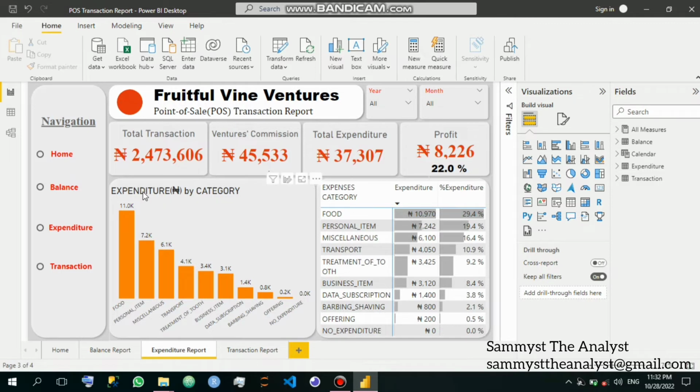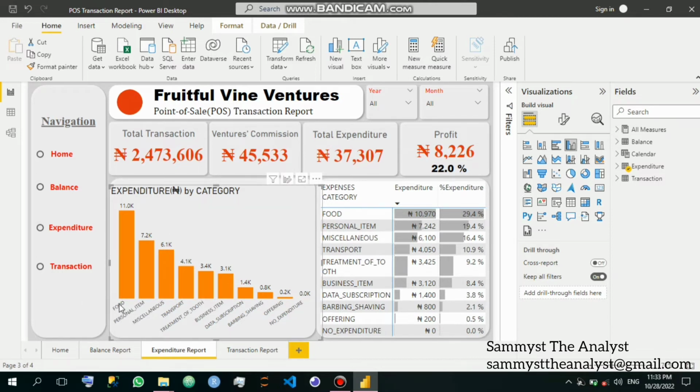Now when we come to here, this is a vertical bar graph. We can see the visualization here, a clustered column chart, which categorizes the expenditures by their category.